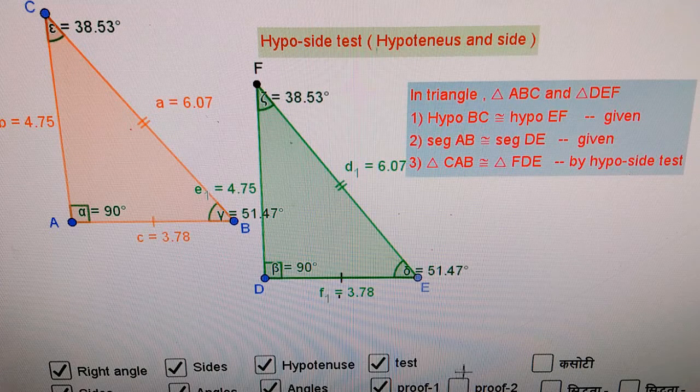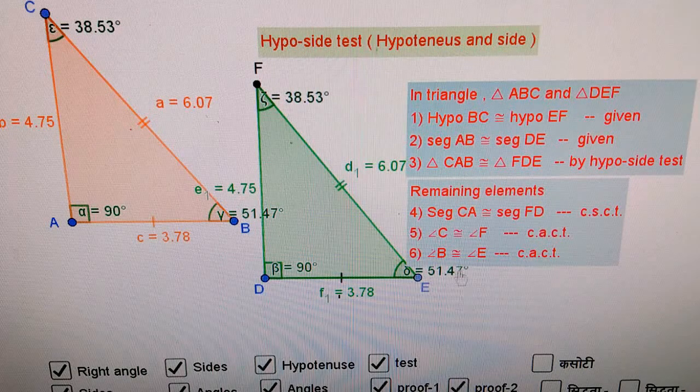And now you have to write the remaining elements here. Segment CA is congruent to segment FD, the reason is CSCT, that means corresponding sides of congruent triangles. As well as angle C is congruent to angle F and angle B is congruent to angle E.